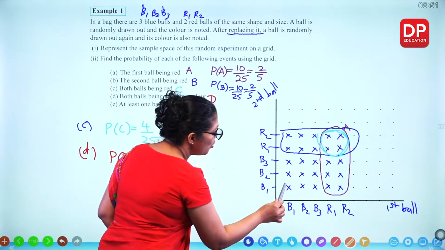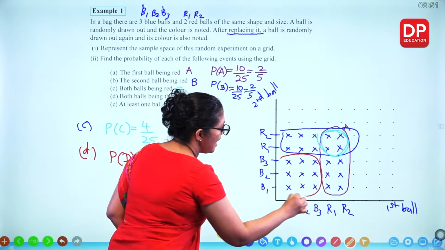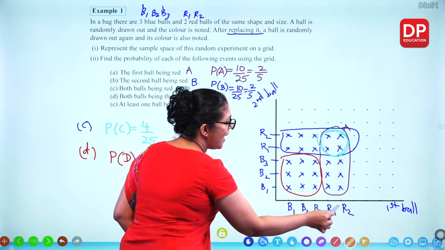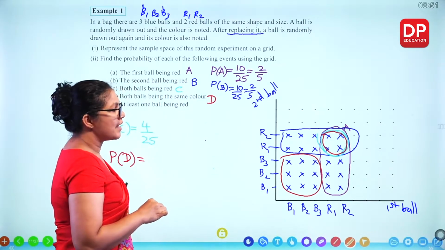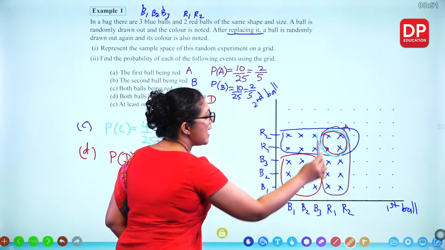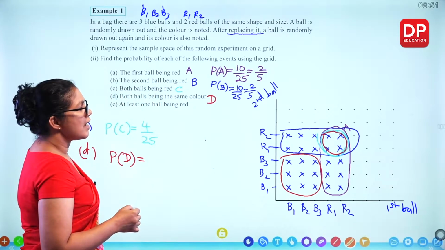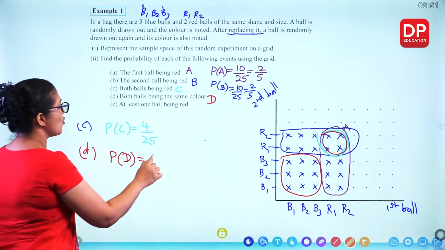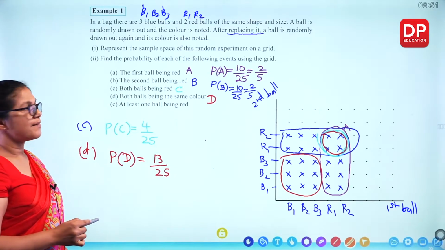So blue with blue, this set, as well as red with red, this set as well. So altogether, how many? 1, 2, 3, 4, 5, 6, 7, 8, 9, 10, 11, 12, 13. So 9 plus 4, 13. So 13 outcomes out of 25.